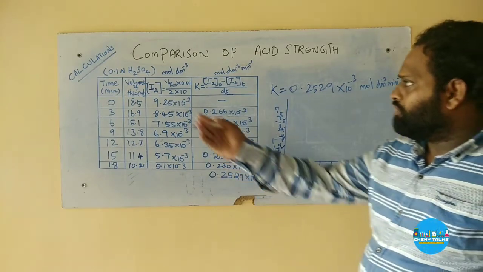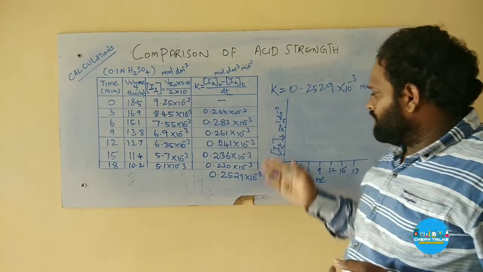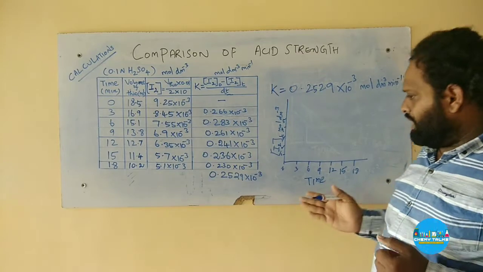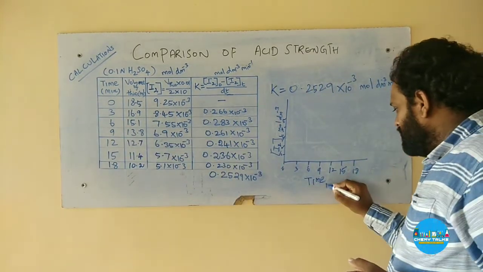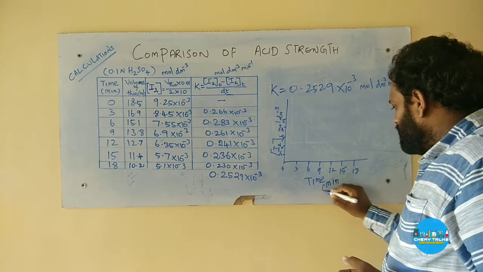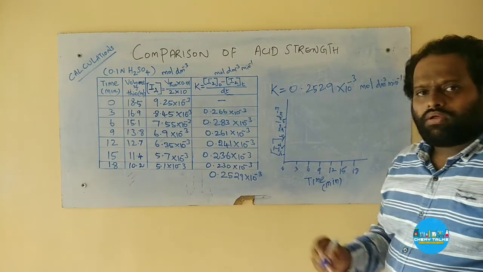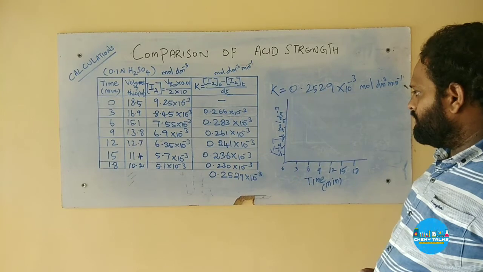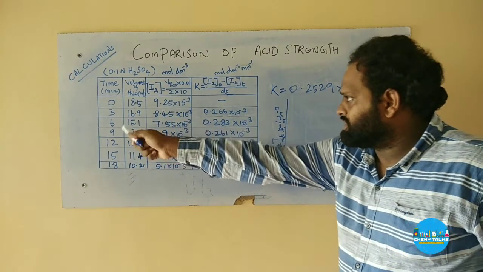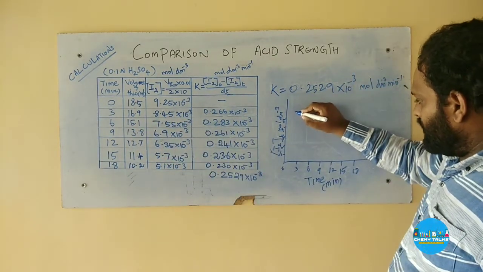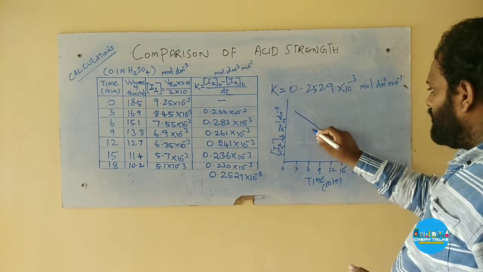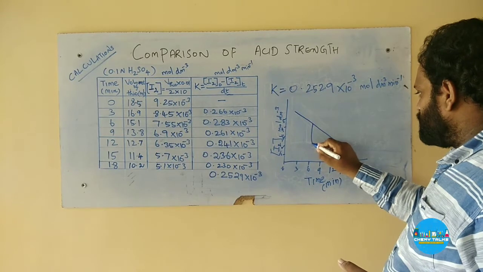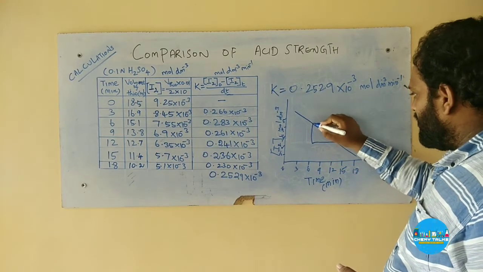Taking the concentration of iodine on the y-axis and time on the x-axis, we can plot a graph. For this x-axis and y-axis, we'll get a line and a slope.